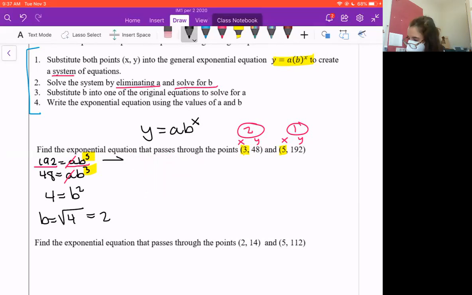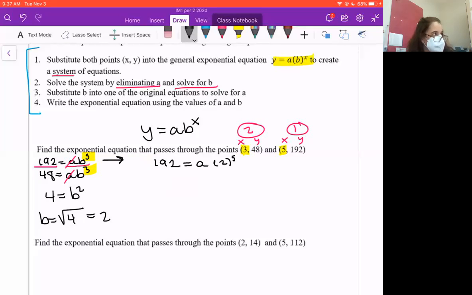So if you like to just take the one on top, then do that. 192 equals a times b to the 5th, but b is 2 to the 5th. So I just took the first equation and I changed the b to a 2. 2 to the 5th.